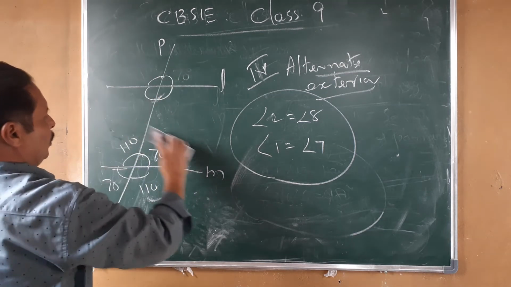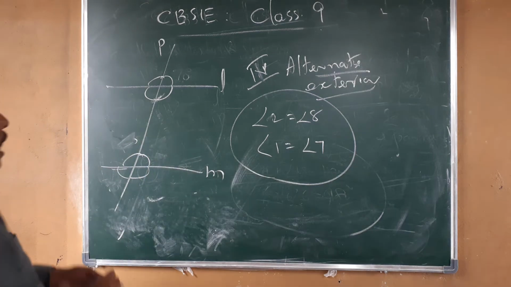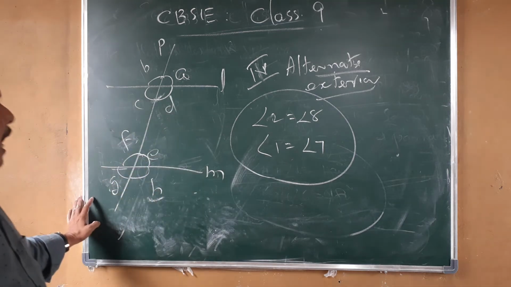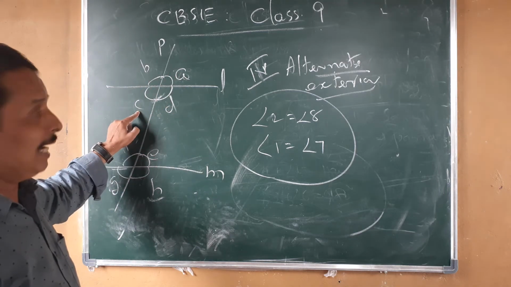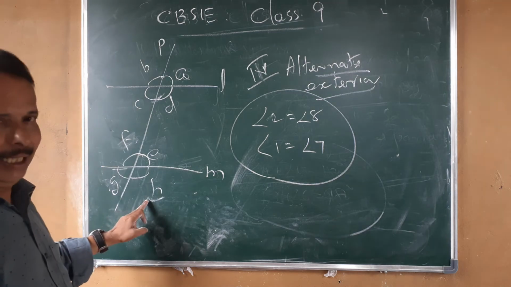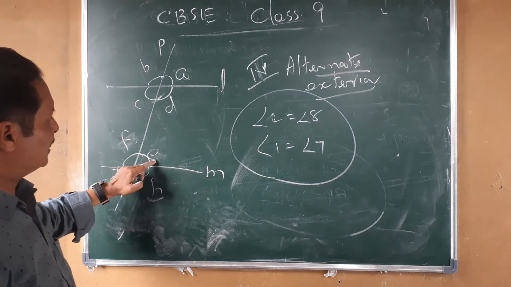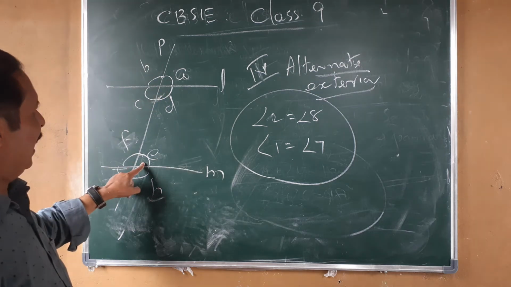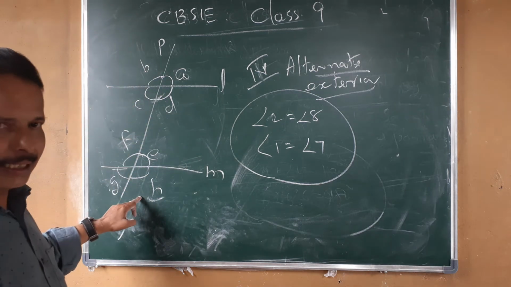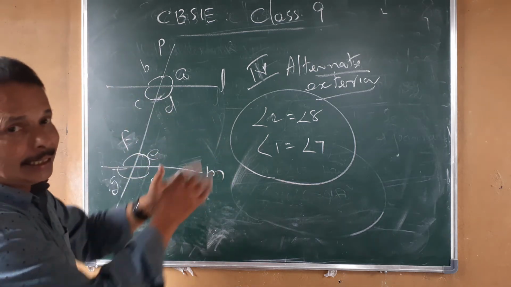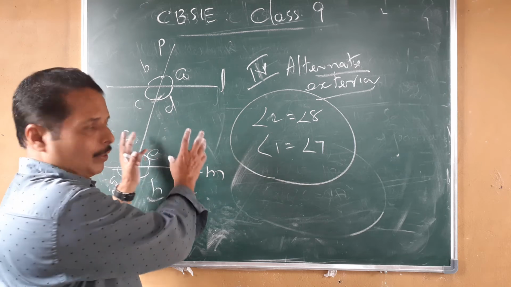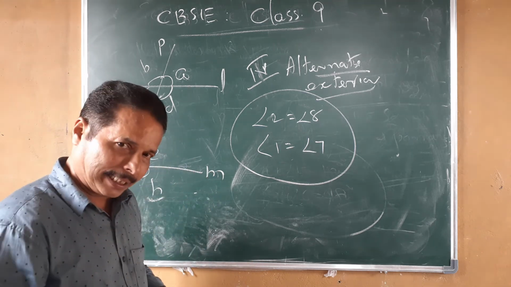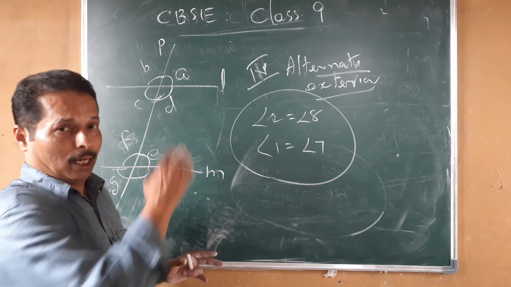Now, look at it. Let the angles be named as A, B, C, D and E, F, G, H. The vertically opposite are A and C, B and D, E and G, F and H. Alternate interior are C and F, D and E. Alternate exterior B and H, A and G. Corresponding A and E, B and F, C and G, D and H. So you draw the picture and write the pairs of vertically opposite, alternate interior, alternate exterior and co-interior angles also.